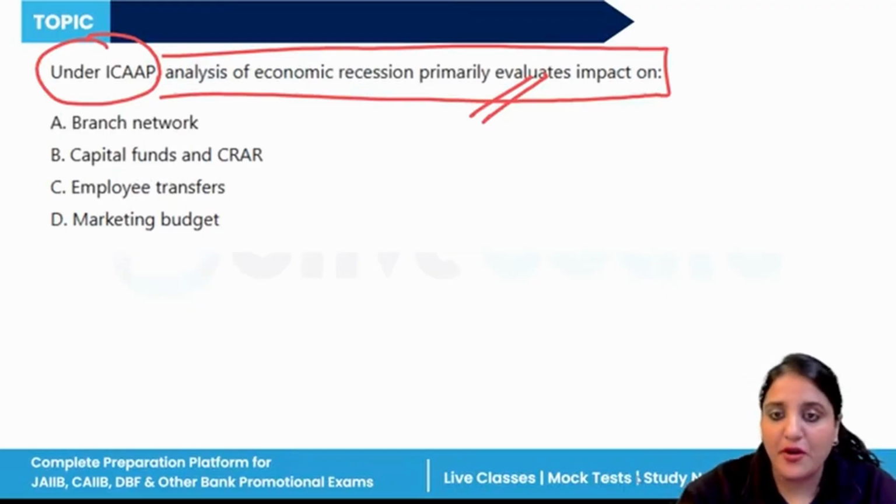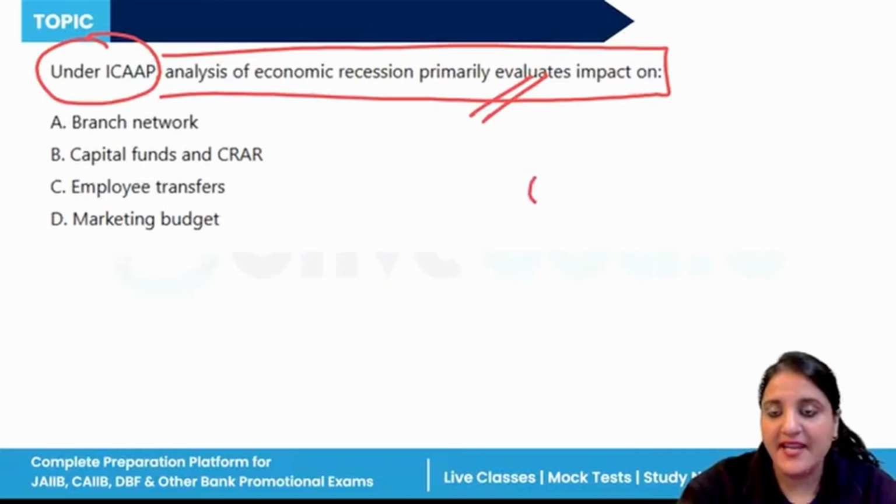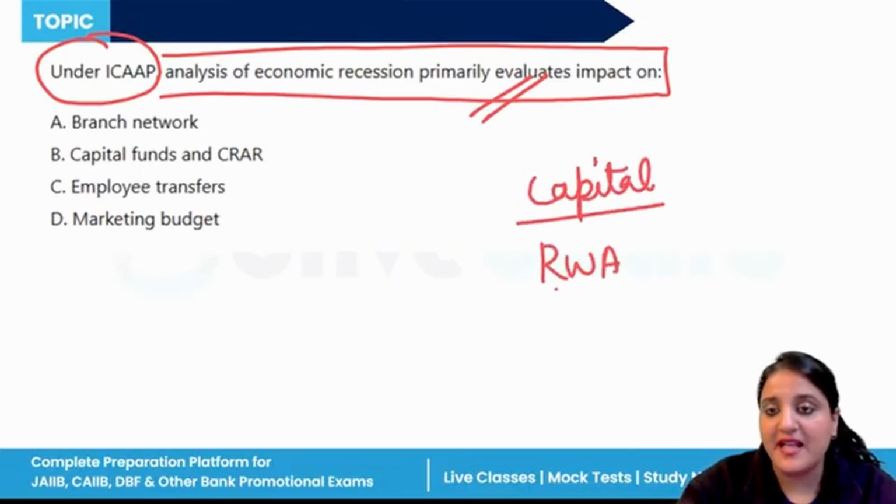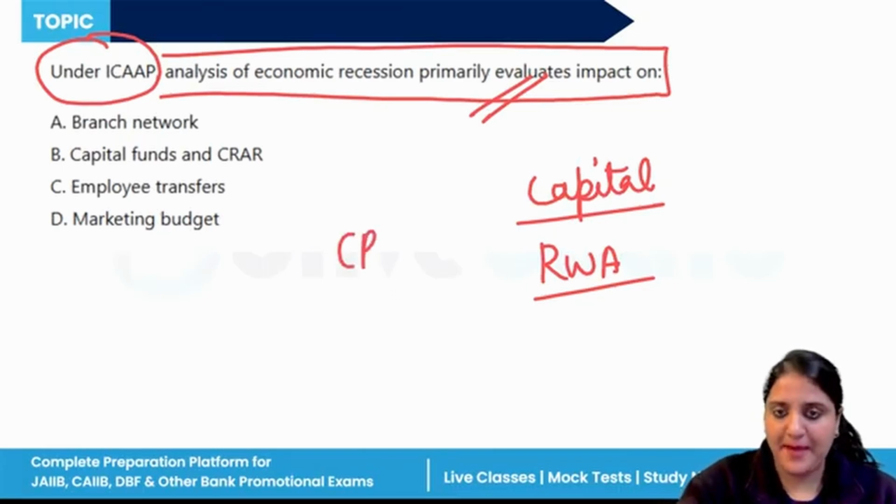We know the formula of CRAR. CRAR is capital divided by risk weighted assets. Right? This is the formula of capital adequacy ratio.